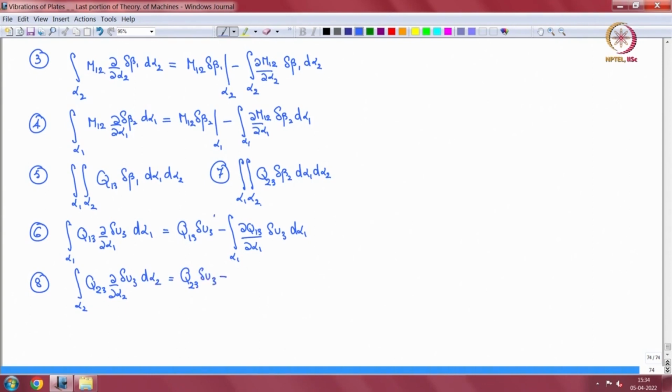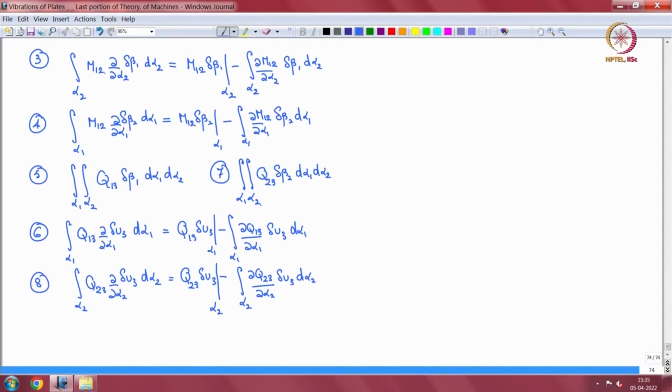Okay, this will be at the ends of alpha 1, this will be at the ends of alpha 2, minus the integral alpha 2 del q23 by del alpha 2 delta u3 d alpha 2.